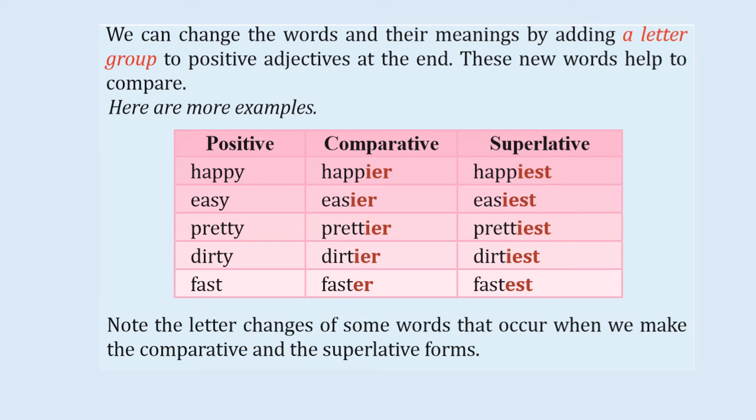In this table, you can see more examples for positive, comparative, and superlative forms of adjectives. Note the letter changes of some words that occur when we make the comparative and superlative forms. Happy, happier, happiest. Easy, easier, easiest. Pretty, prettier, prettiest. Dirty, dirtier, dirtiest. Fast, faster, fastest.